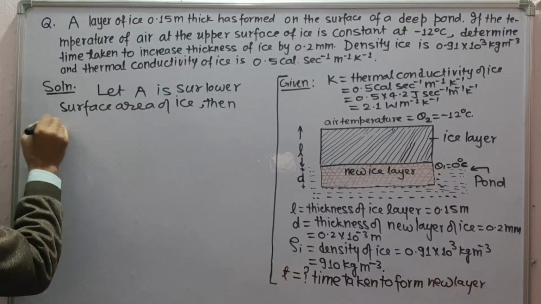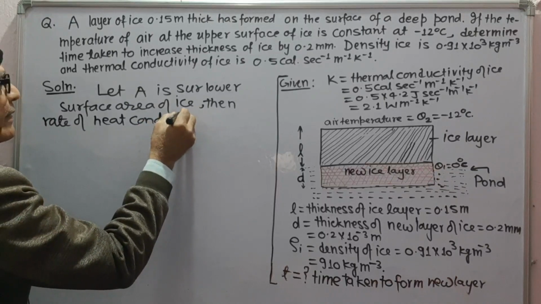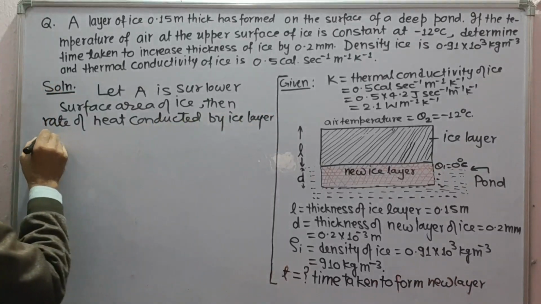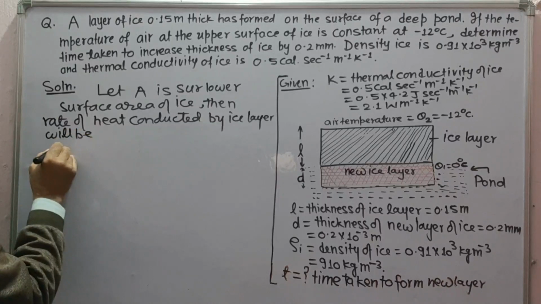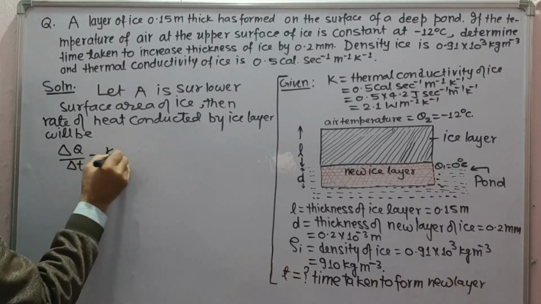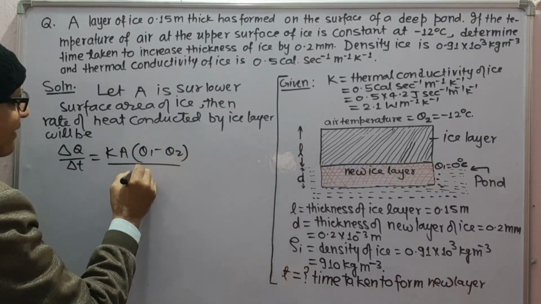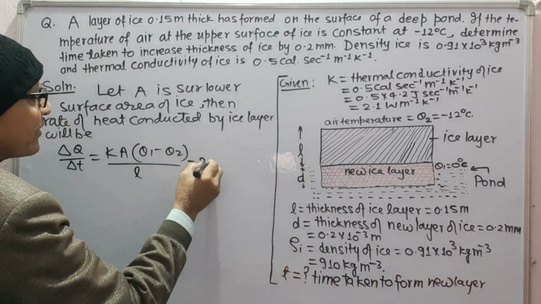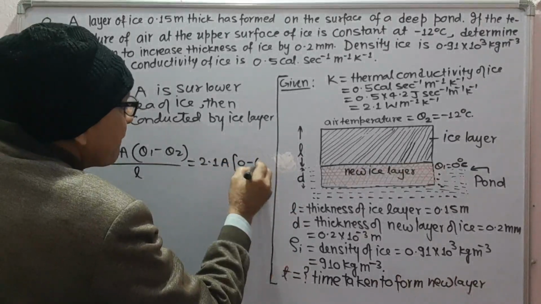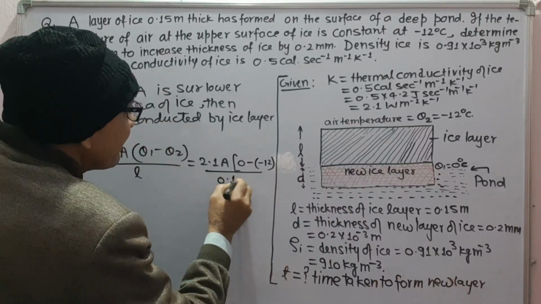The rate of heat conducted by the ice layer will be delta Q by delta T, which is K A (theta 1 minus theta 2) upon length, which will be K is 2.1 into A into (0 minus (-12)) upon L is 0.15.